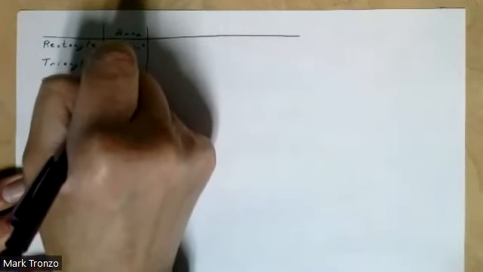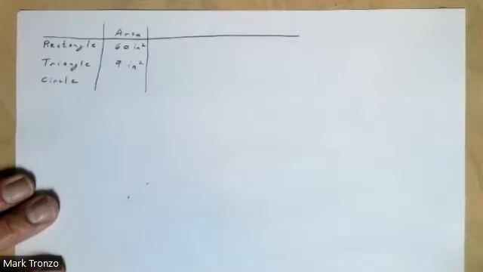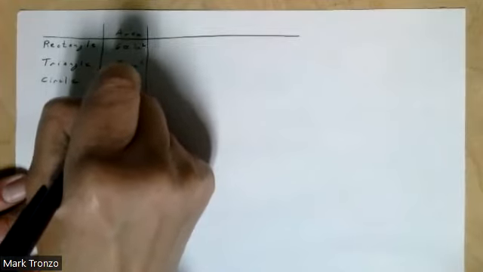Again, I've already calculated all those. It's 60 inches squared for the rectangle. The triangle was 9 inches squared. And the circle was 12.56 inches squared.